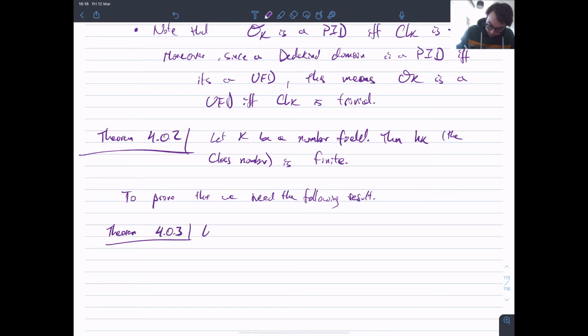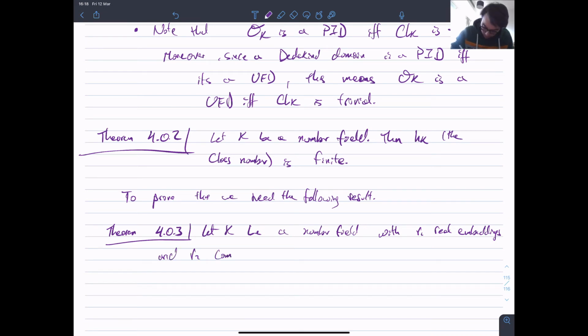Theorem 4.0.3. Let K be a number field, with, as usual, R1 real embeddings and R2 complex conjugate embeddings.